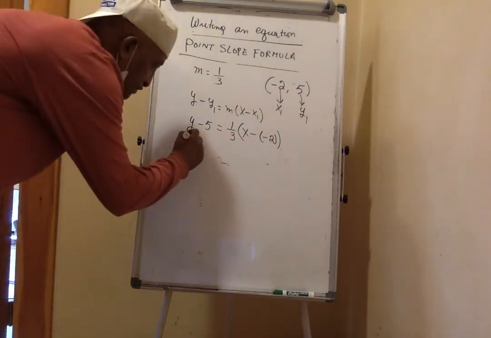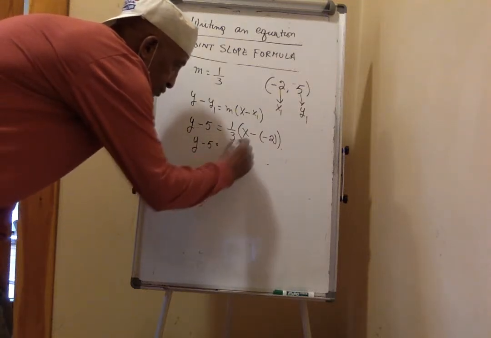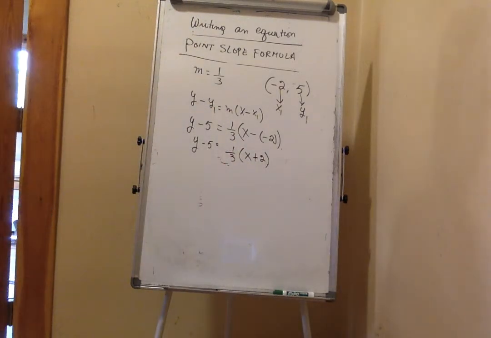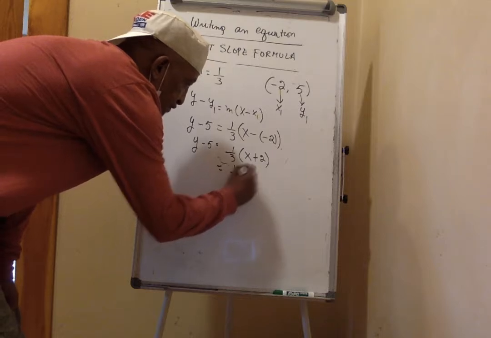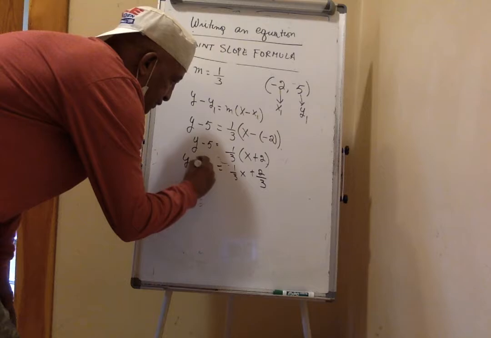So now this takes us to y minus 5 is equal to 1 over 3 times x plus 2. We need to change this into the slope-intercept form. So this becomes 1 over 3x plus 2 over 3, which is y minus 5.